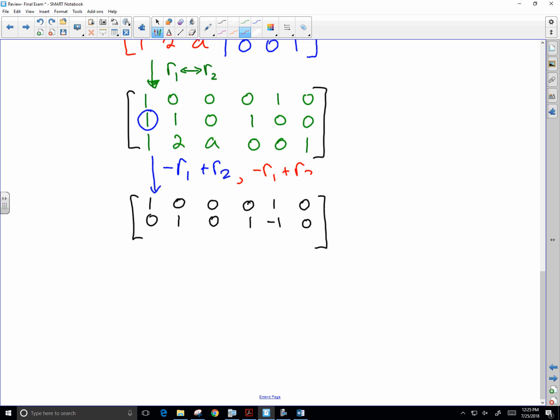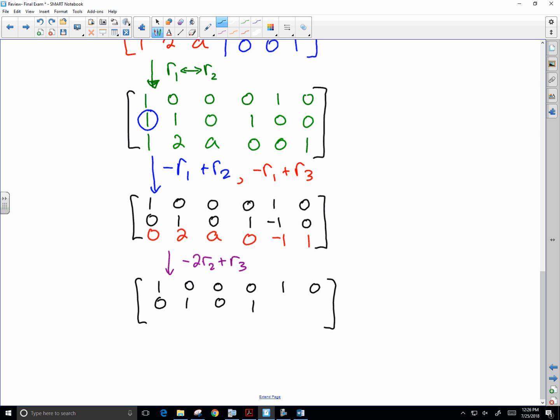Negative R1 plus R3 would have been 0, 0, A. Then negative 2 R2 plus R3 gives 0, 0, A, negative 2, 1, 1. And then the last step would be just to multiply row 3 by 1 over A.